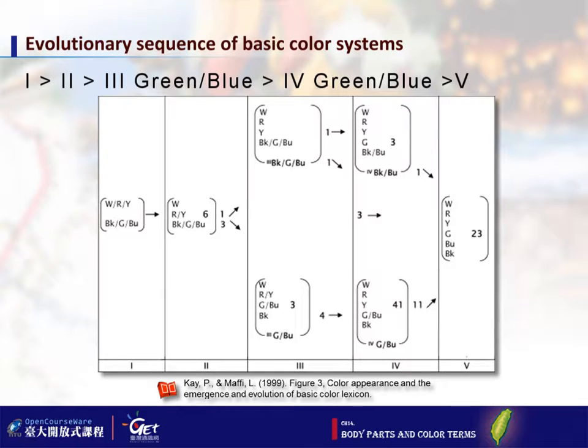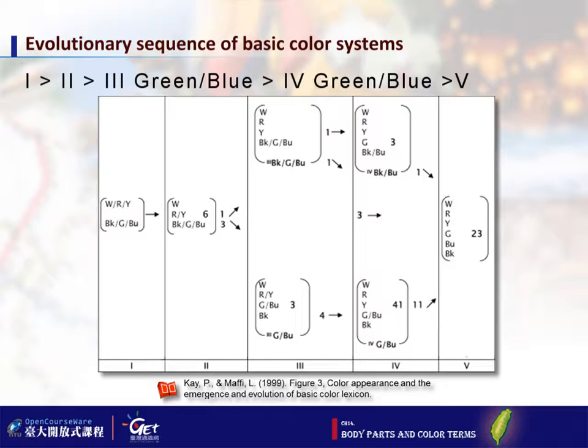It's divided into five different stages. For example, in the first stage, you have just one type, but there are two terms, like white, red, and yellow as one term, and black, green, and blue as another term.